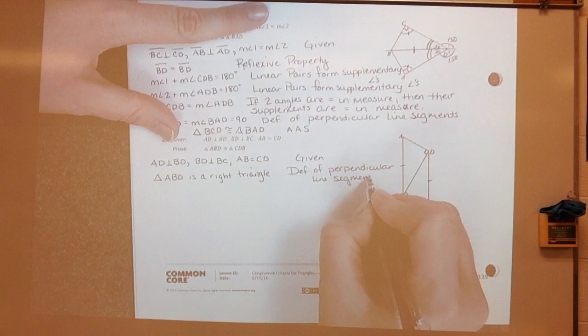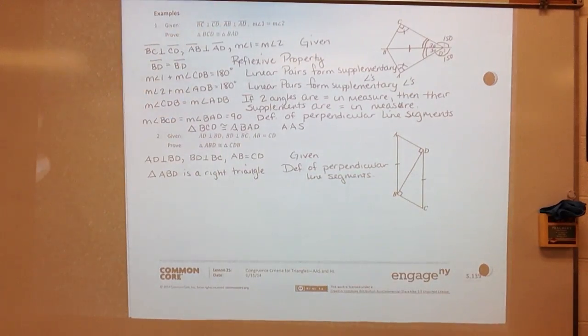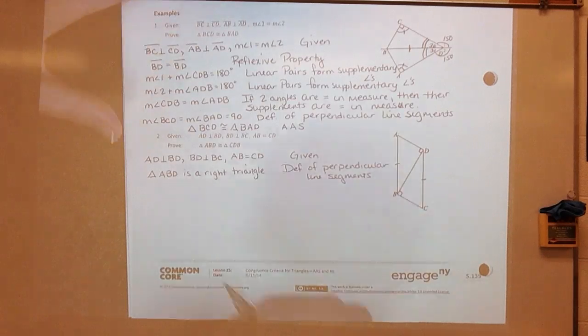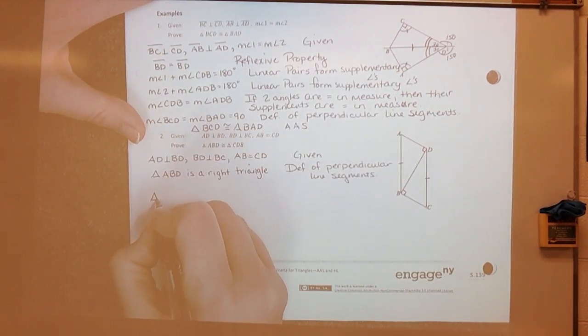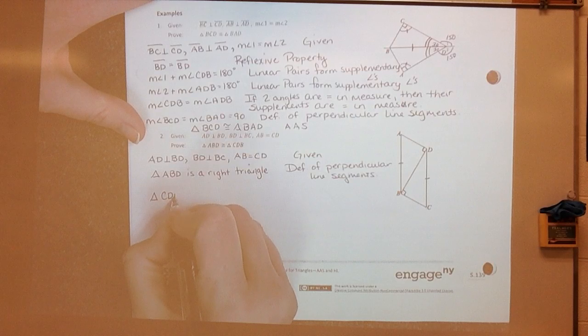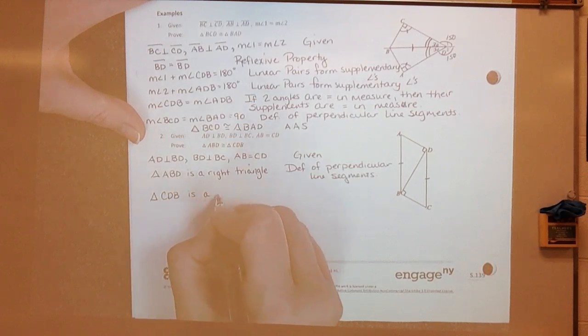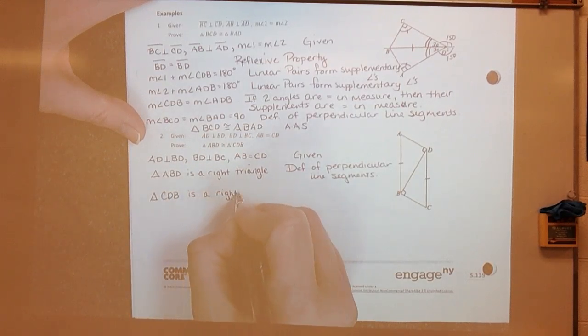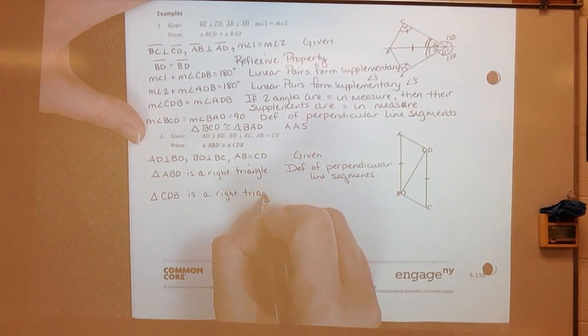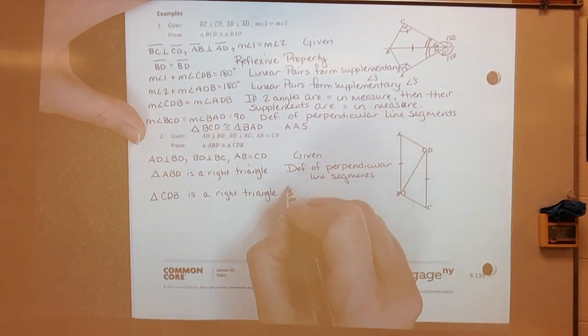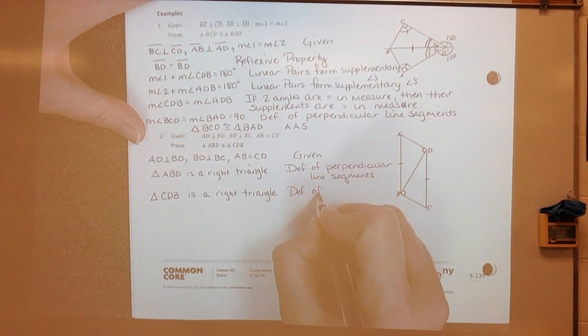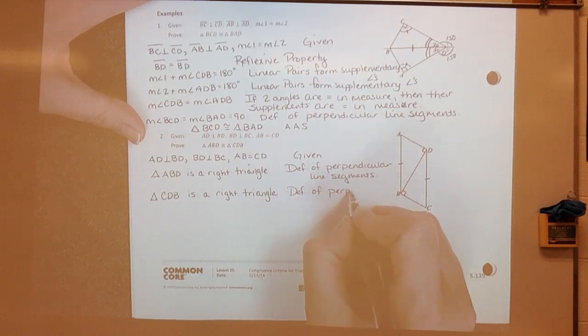If I know I have perpendicular line segments, then I know that I have a right angle somewhere. Alright, so now I can prove that triangle CDB is a right triangle. Same thing here, definition of perpendicular line segments.